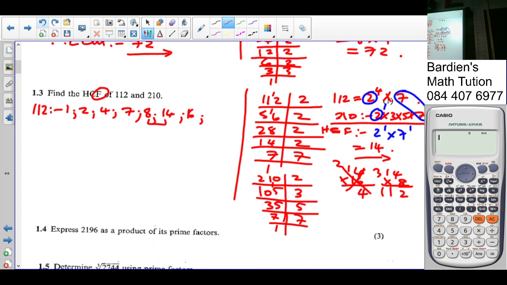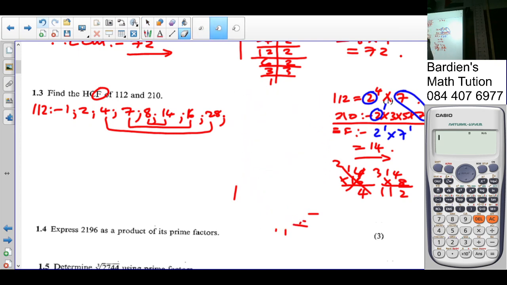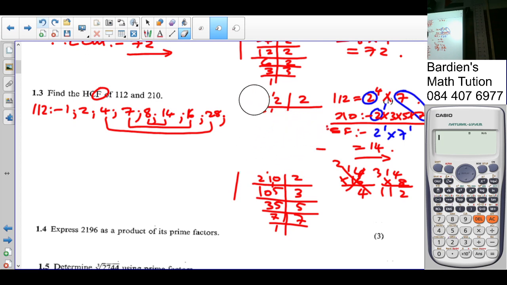So there's my factor. 7 times 16 is 112. Not so? Right. 4 times what is 112? 28. So that is 4. 2 times what is 112? 56. And 1 times 112. Those are the factors.